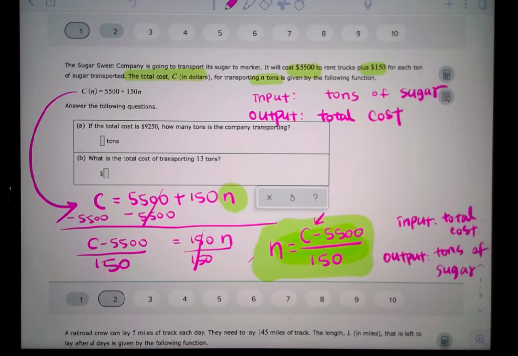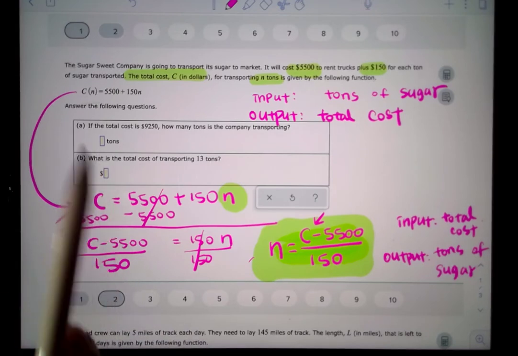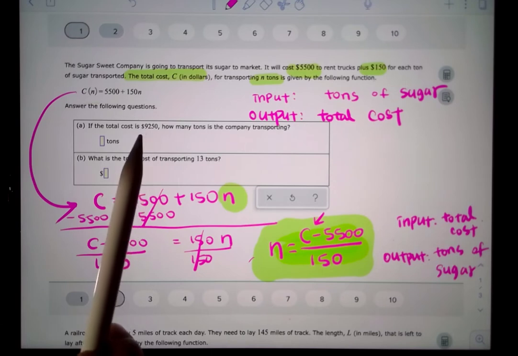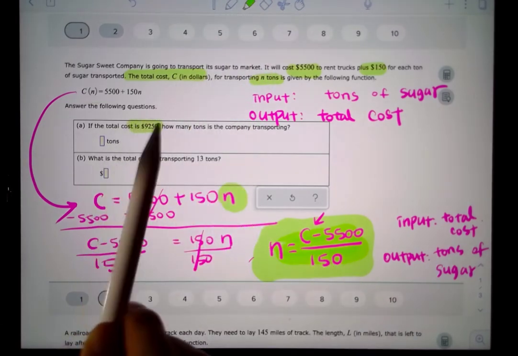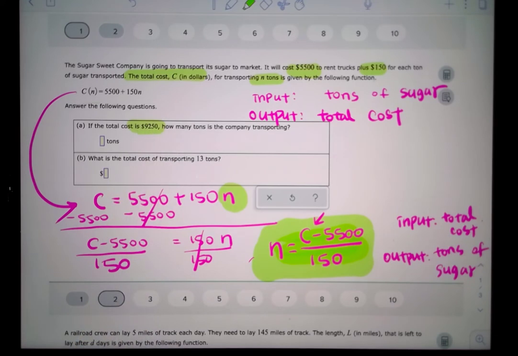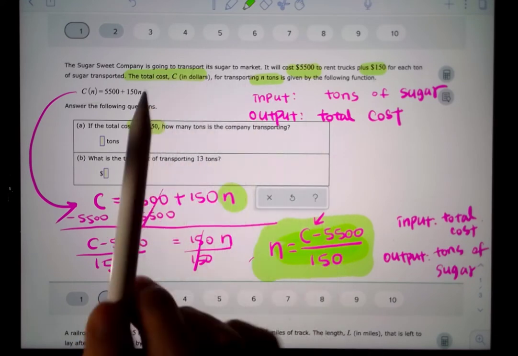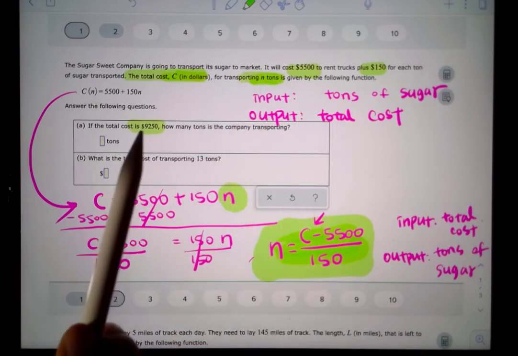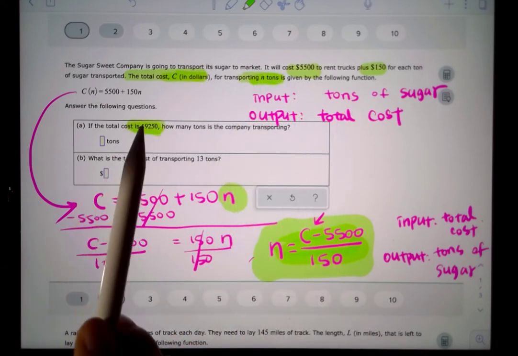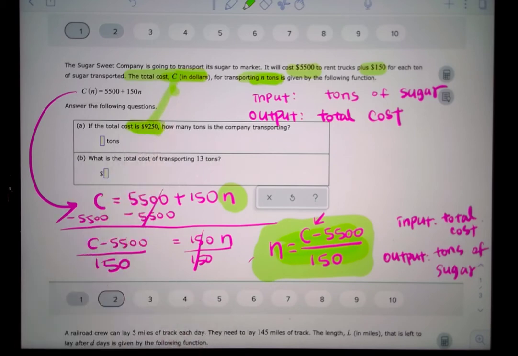And for A, look, if the total cost is $9,250, then what do you think? Is it C or N? C is in dollars, N is in tons. You have dollars, then that's definitely C. So you're plugging in C. Which function will be better, this one or that one?